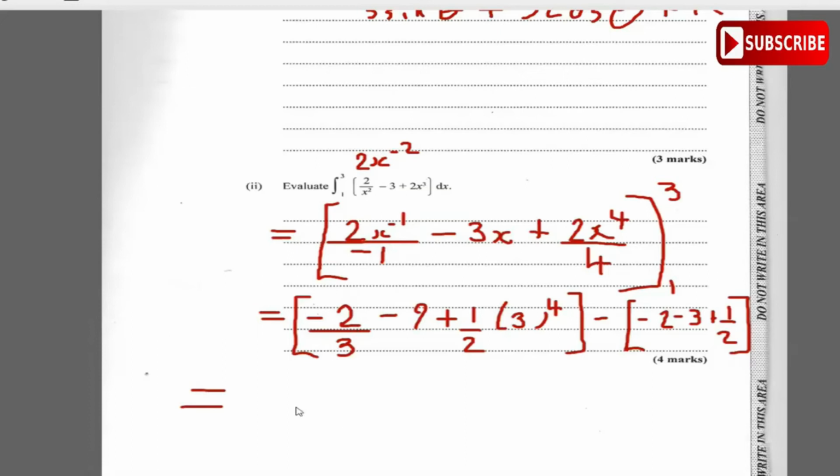I am getting 30.83. I generally don't like to write decimals, but in this case it seems easier. 30 and 5 over 6, minus negative 2 minus 3 plus a half. That's minus 4.5. So it's minus negative 4.5, which becomes plus 4.5.